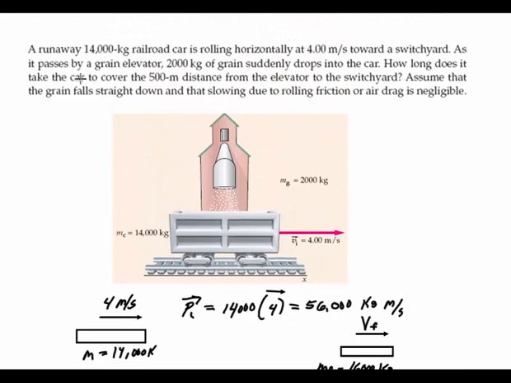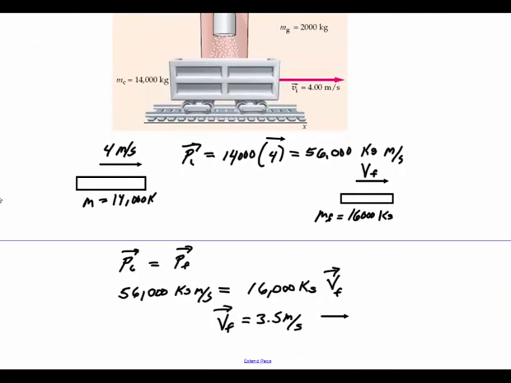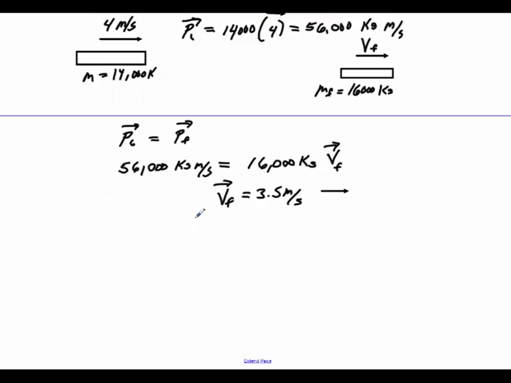how long did it take the car to cover 500 meters? Now here we have no acceleration, so basically we just have displacement. So we go back to our kinematic equation. The delta x is going to equal vi, our velocity, times t, because we have no acceleration.